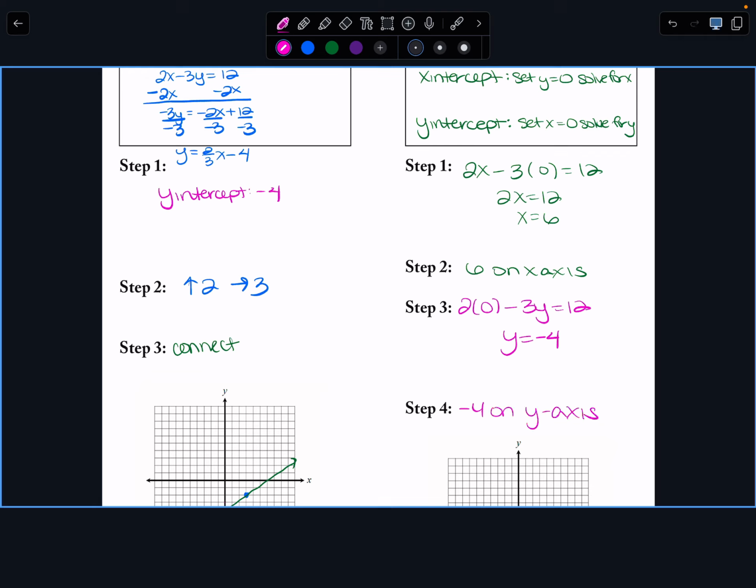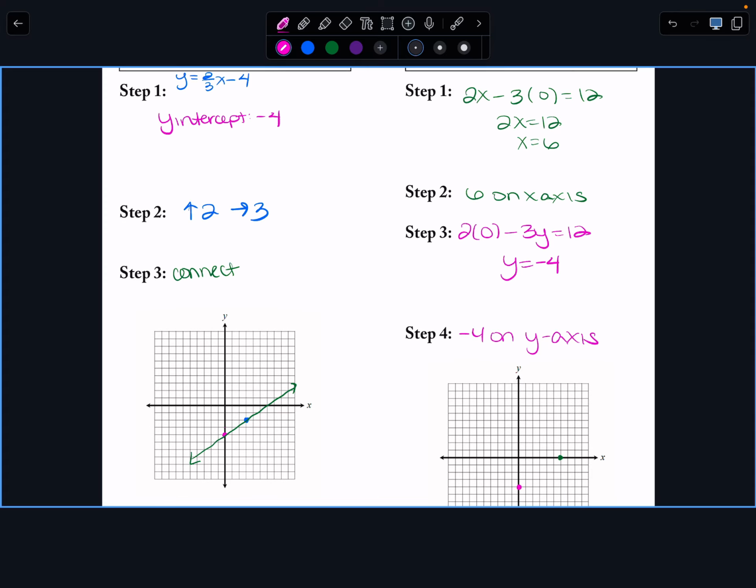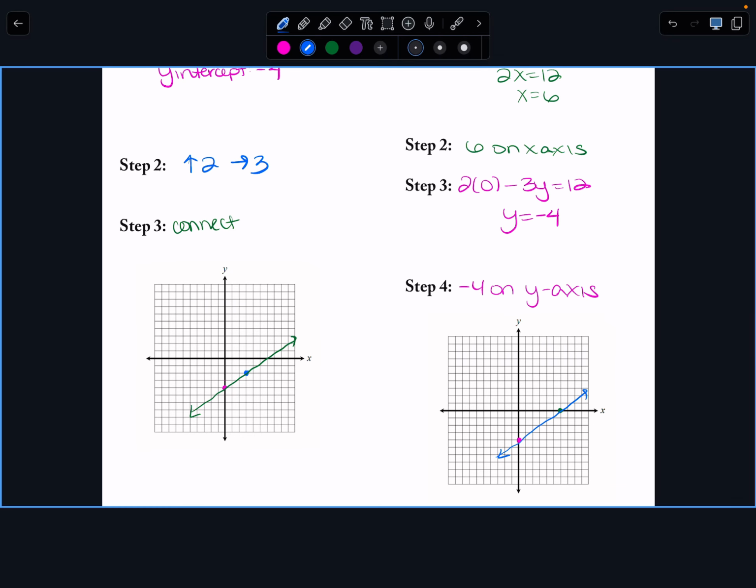That's what the steps are. Mr. Mondragon said that most of his students don't know how to graph right now, so that's why I put multiple steps in. And then we play connect the dots. And lo and behold, it's the same line. And it doesn't matter which way you want to do it. I don't care. Okay? Questions?